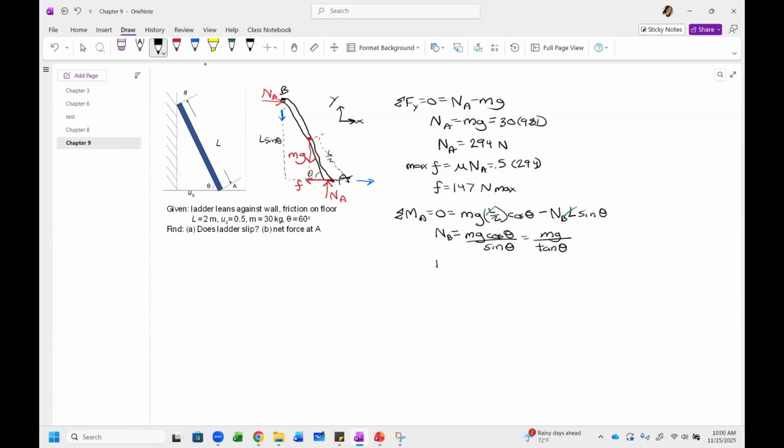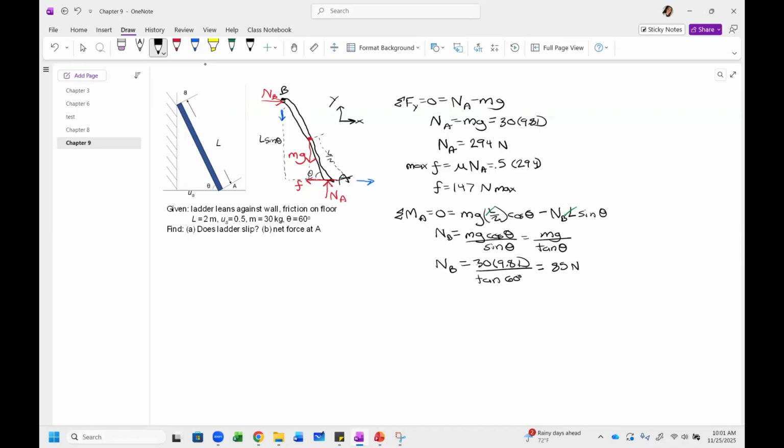And we can put numbers into that. N_B equals 30 times 9.81 over the tangent of 60 degrees. And N_B equals 85 newtons.